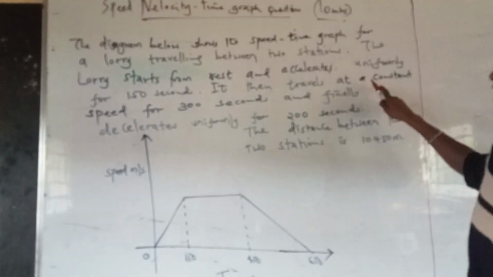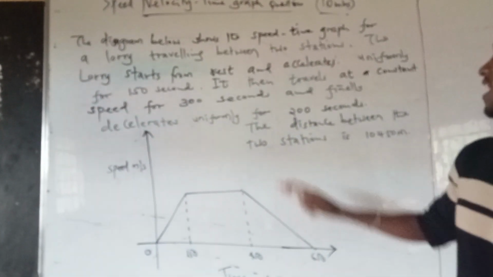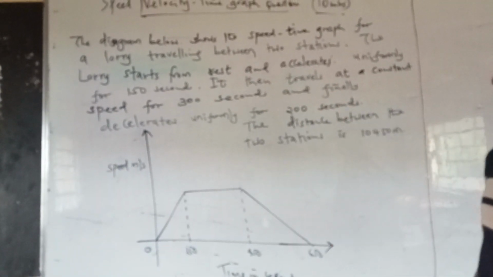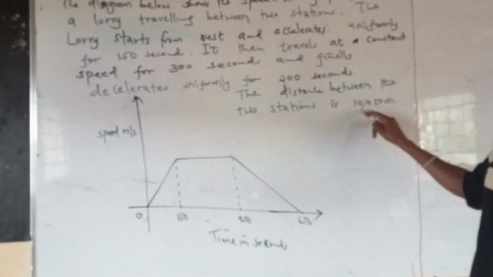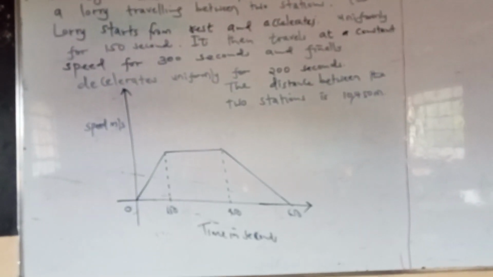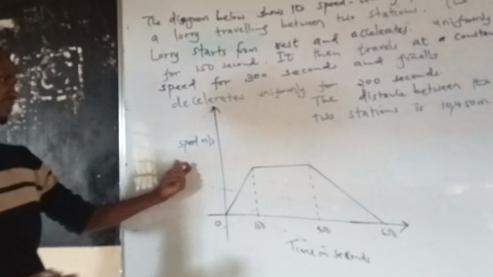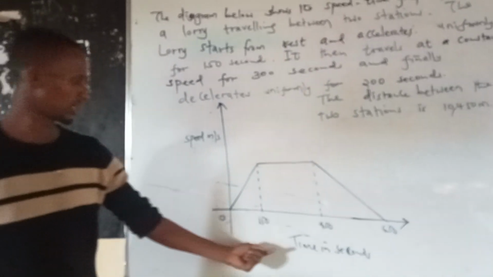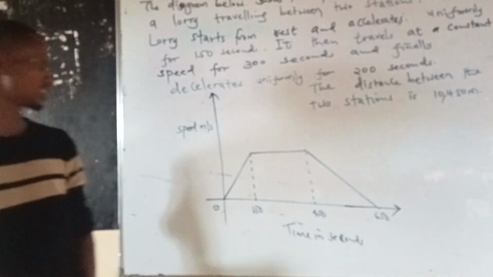It then travels at a constant speed for 300 seconds and finally decelerates uniformly for 200 seconds. The distance between the two stations is 10,450 meters. So let us look at our graph here. We have the speed in meters per second on the vertical axis, and on the horizontal axis we have time in seconds.